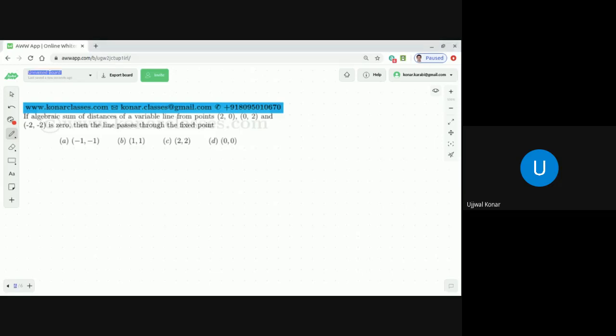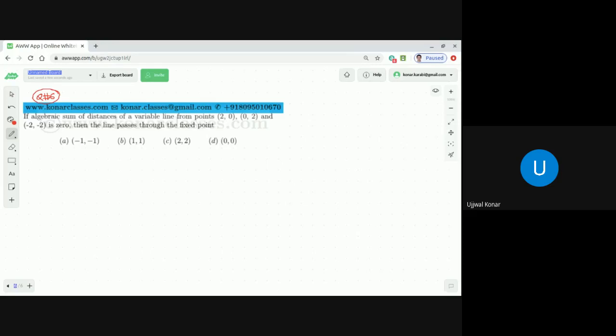Okay, and this is a good question. The question number 6 is in front of you. If the algebraic sum of distances of a variable line from points (2, 0), (0, 2) and (-2, -2) is 0, then the line passes through a fixed point.